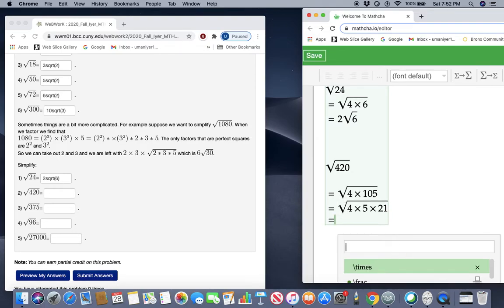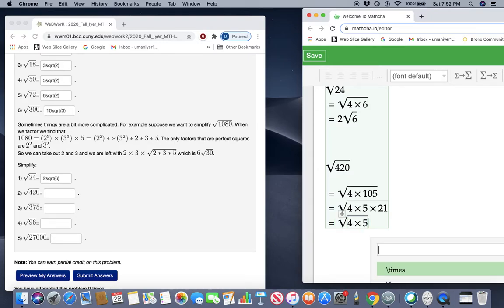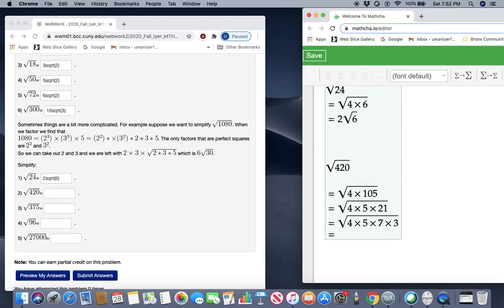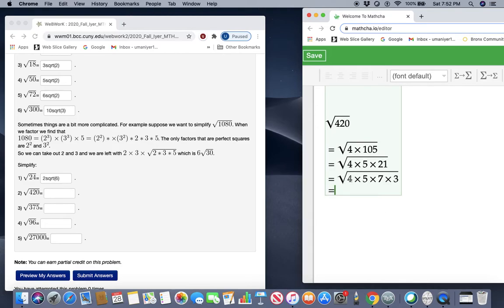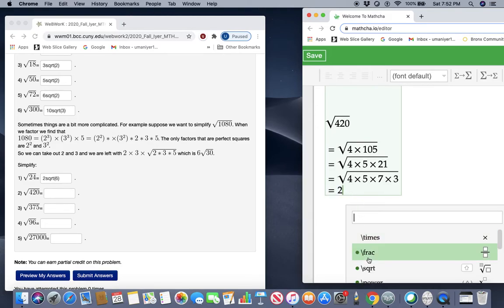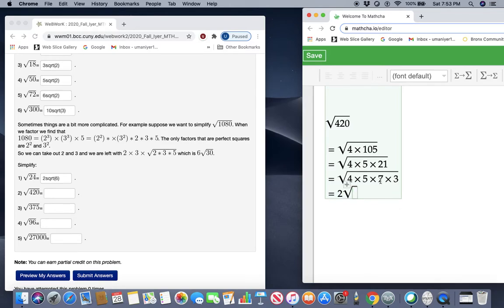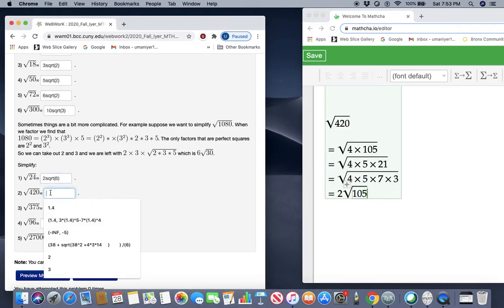Let's see. 4 times 5 times 21 is 7 times 3. Okay, none of these have a whole number as square root. So square root of 4 is 2. The rest of them stay inside. 5 times 21, which is 105. So 105 stays inside. So this is 2 SQRT 105.